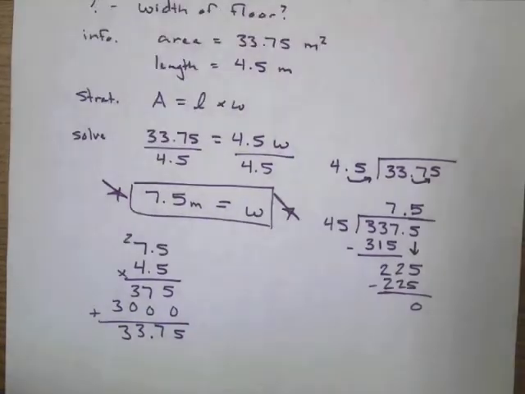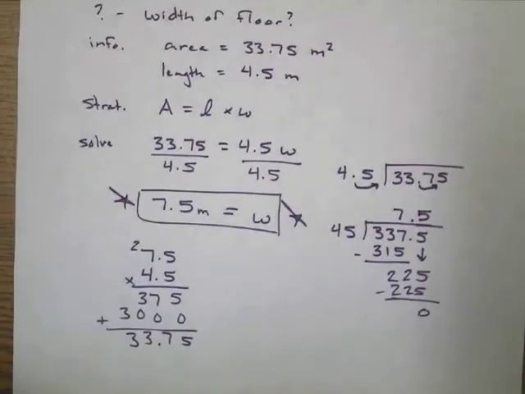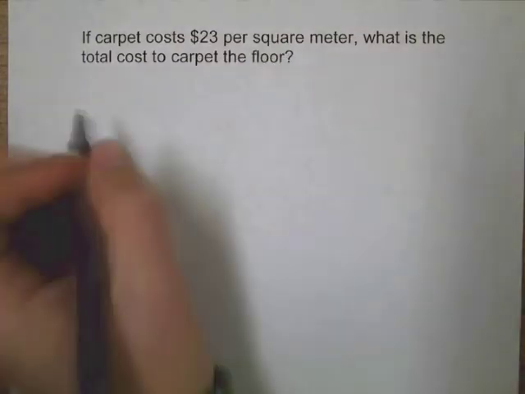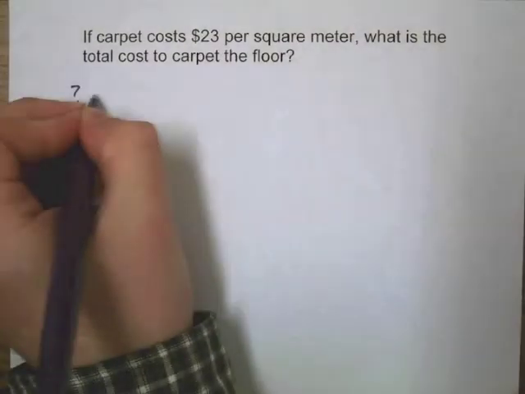Let's take a look at another question that builds on this one. If carpet costs $23 per square meter, what is the total cost to carpet the floor? So the question is total cost.